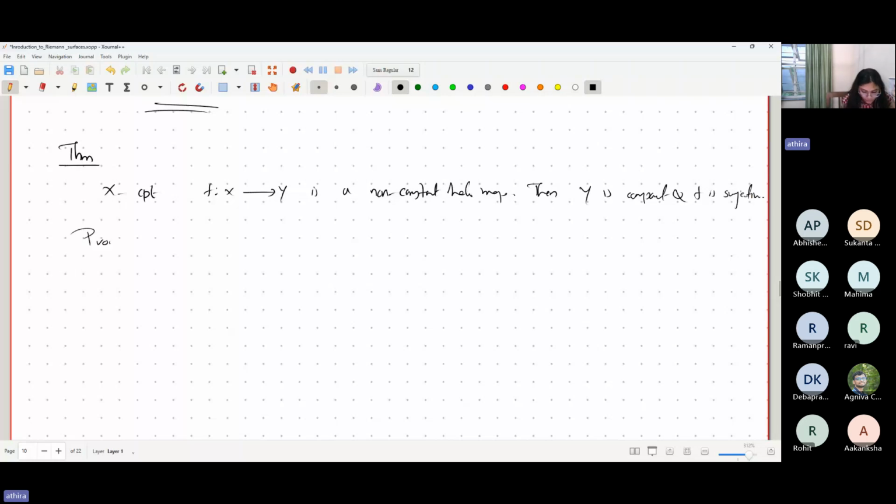This proof is also very simple. Actually, this theorem will help to categorize all holomorphic functions on a compact Riemann surface. Since X is compact, f of X is compact. Since Y is Hausdorff space, f of X is closed.